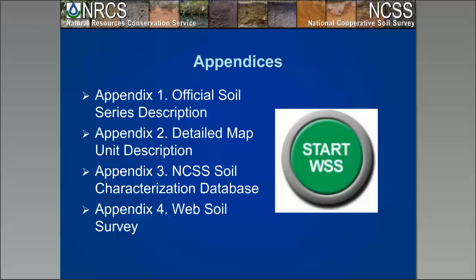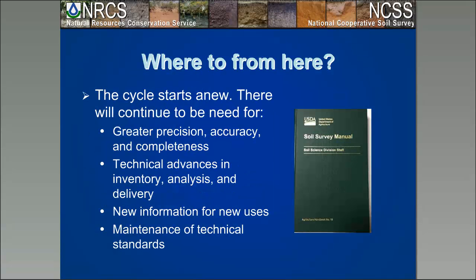And probably one of the big things about the web soil survey that's becoming more and more important is the integration of ecological site information, so the plant communities that can be displayed in the web soil survey. And I thought it was important that this is where we gather our information. This is the analysis we provide for users, that this be a part of the manual to show what it is you get when you do things the way that we describe in the first 11 chapters.